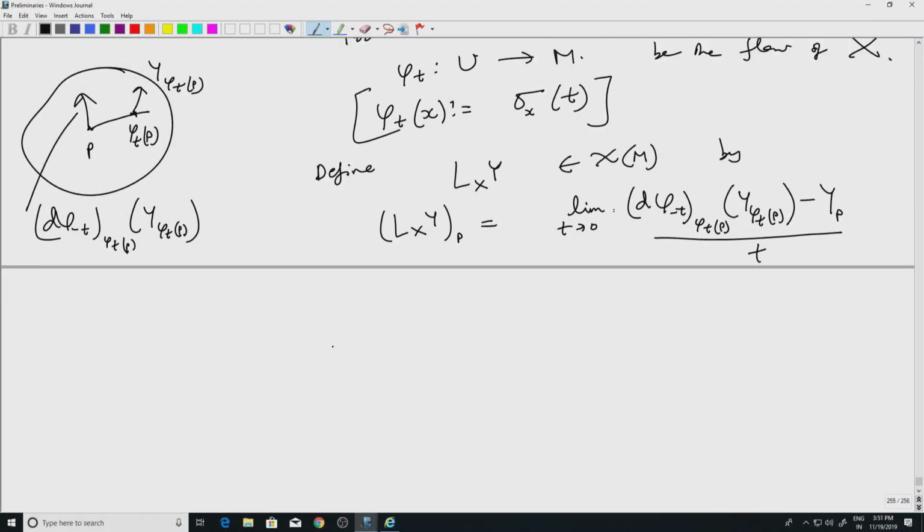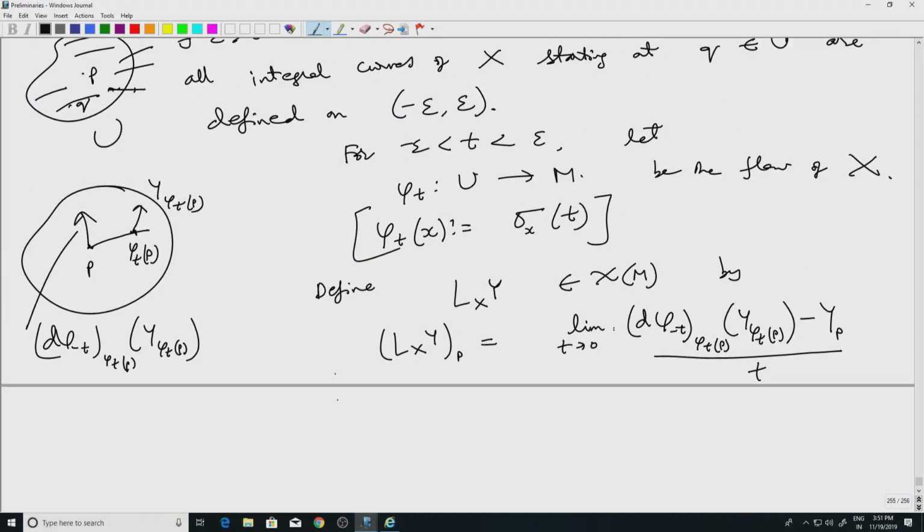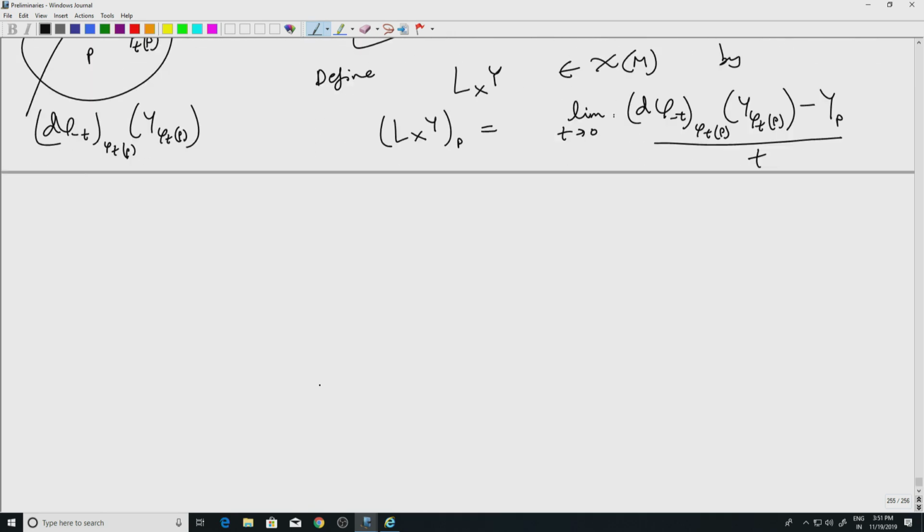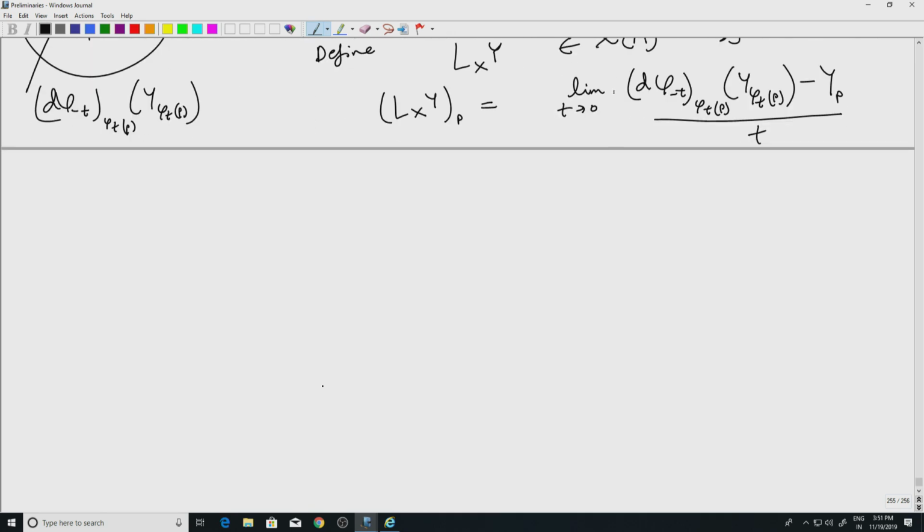Last time I had started with a description of the Lie derivative of one vector field with respect to another. This was done using the flow.